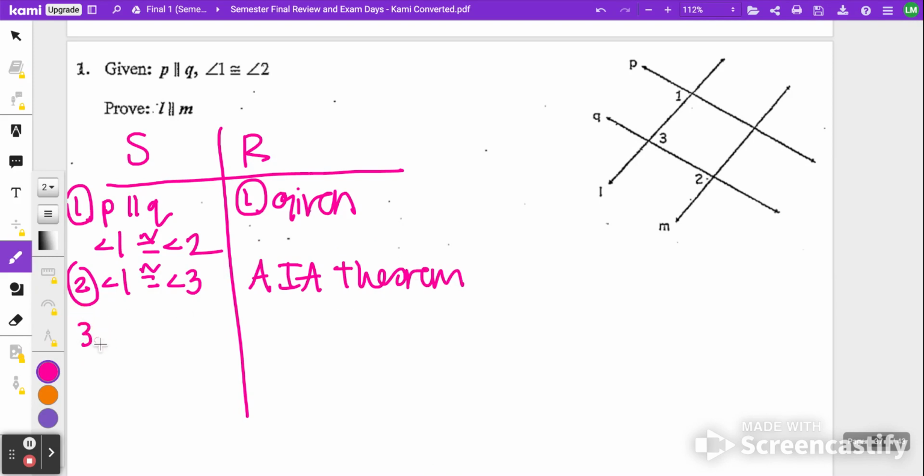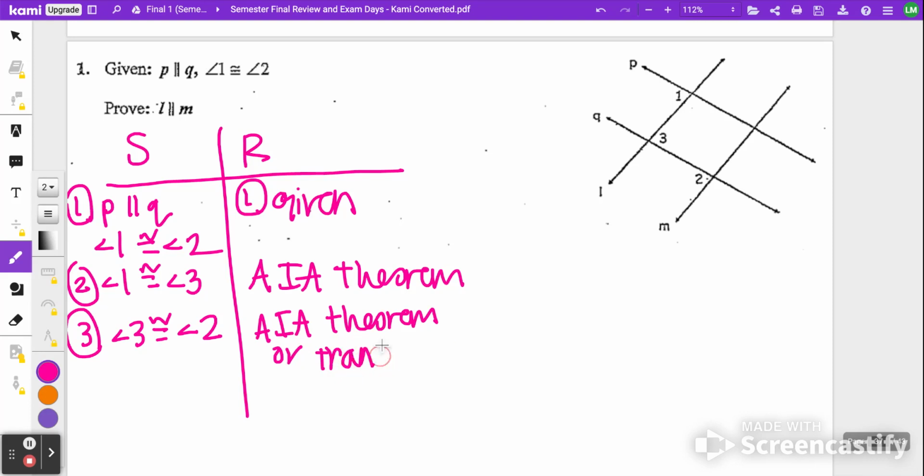You can also say that angle 3 is congruent to angle 2 either by another alternate interior angles theorem, or you could even say transitive property or substitution.